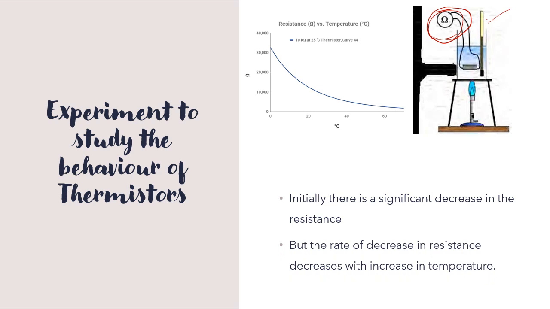But the rate of decrease in resistance decreases with increase in temperature. Or initially, there is a large decrease in resistance, but later on, the decrease in resistance becomes quite gradual. So this is the simplest way of studying the behavior of thermistors with respect to temperature.